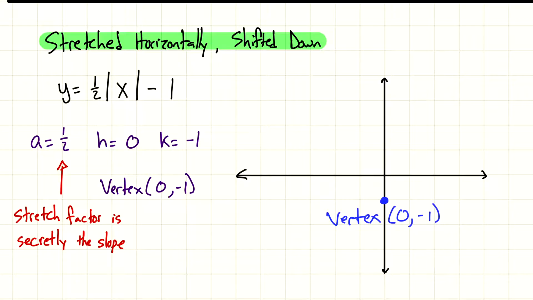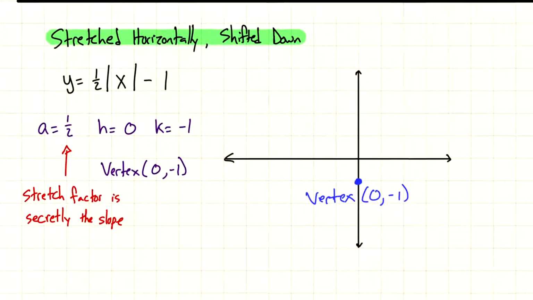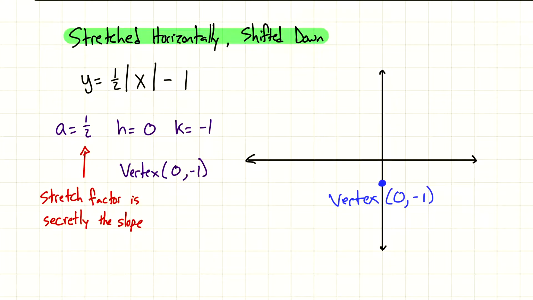I already have this set up for us, like the other ones. We have y equals 1/2 the absolute value of x minus 1. A nice thing to be able to do is identify the parts. I always like to identify what my a value is, h and k, mainly because it's going to come in handy with more complicated problems.